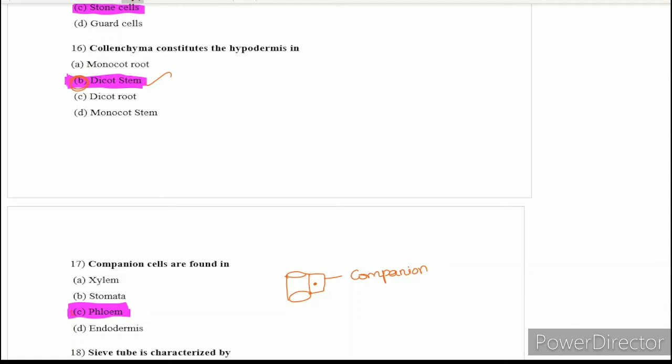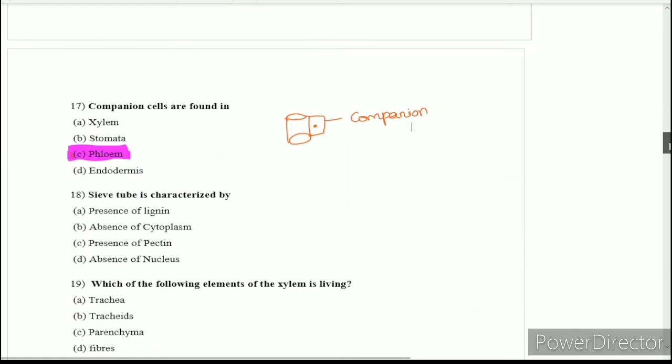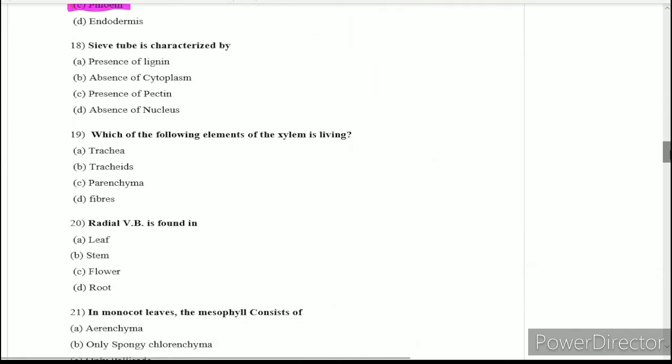Next question. Sieve tube is characterized by option A, presence of lignin. Option B, absence of cytoplasm. Option C, presence of pectin. And option D is absence of nucleus. So the correct answer is, it is devoid of nucleus.